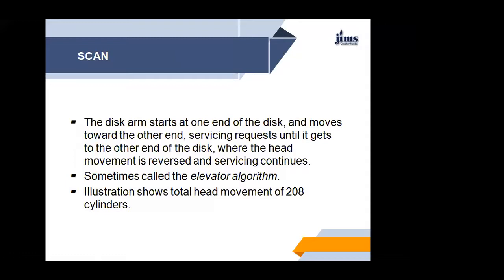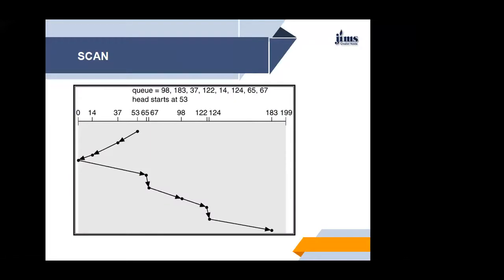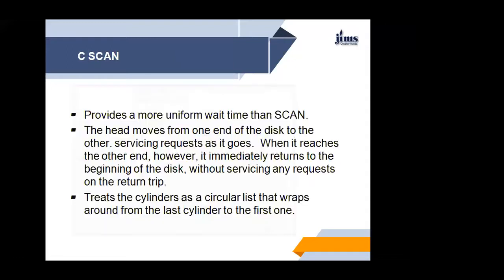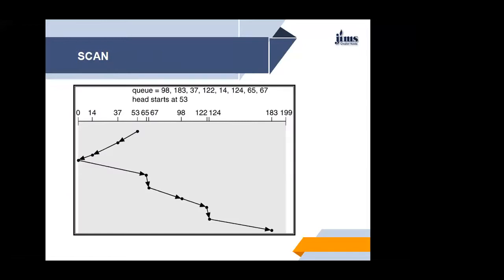First it goes to the left, since that distance is very small, and then it goes from 0 to 65, 67, 98, 122, 124, and 183. So this is the head movement in SCAN.